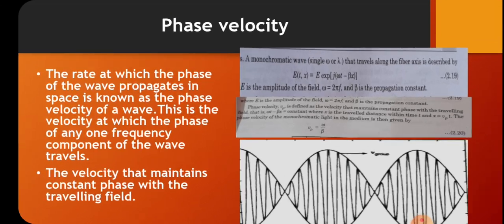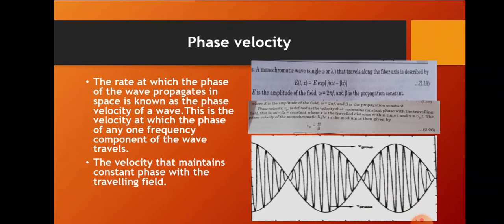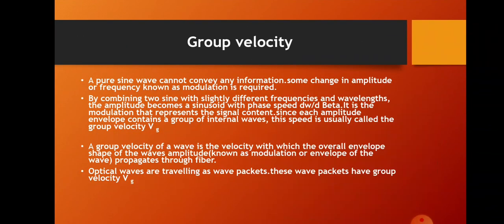We know that from the previous case the phase velocity Vp is omega divided by beta. So when we combine both, the speed will be d omega divided by d beta, and the modulation represents the signal content. Since each amplitude envelope contains a group of internal waves, this speed is usually called the group velocity Vg.